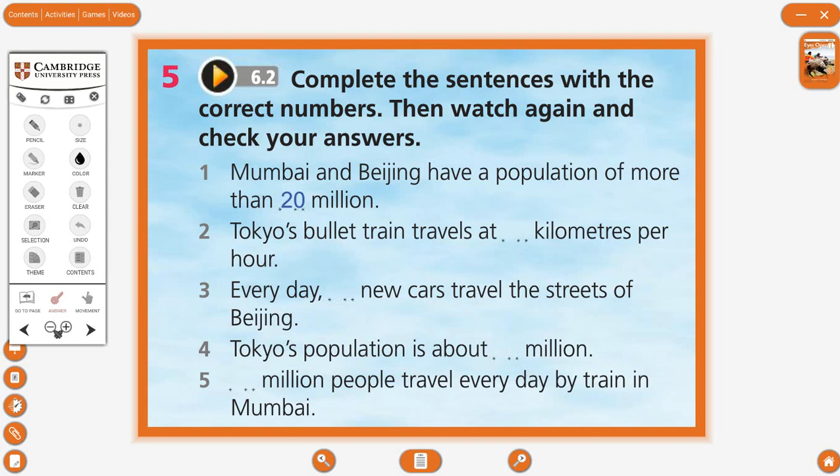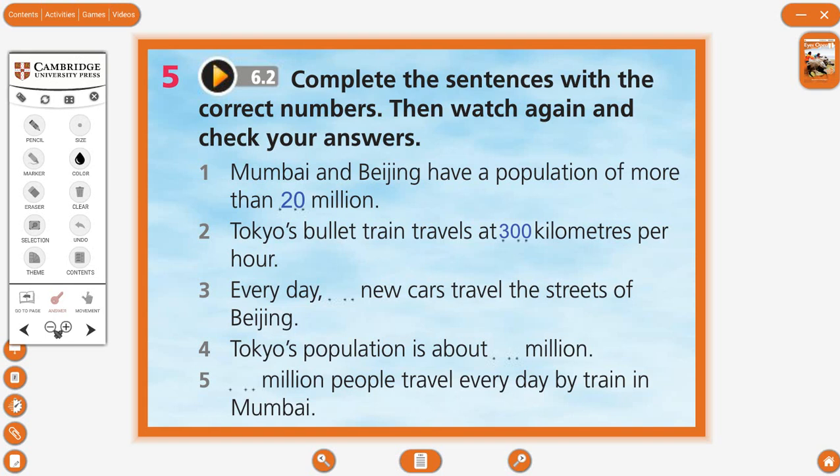That's true. Tokyo's bullet train travels at blah blah blah kilometers per hour. How many kilometers do they travel per hour? Yes, 300.